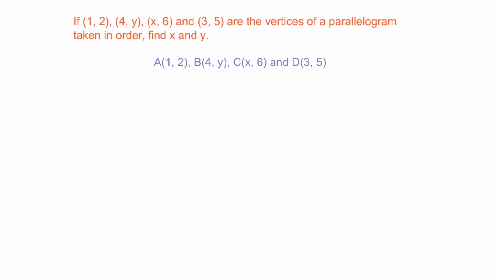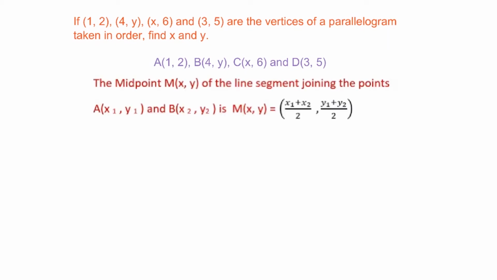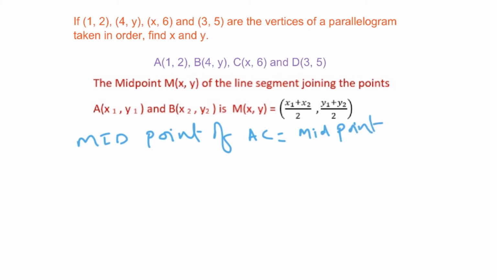So we have to find the midpoint. The formula for the midpoint is (x1 plus x2) by 2 comma (y1 plus y2) by 2. Here the midpoint of AC is equal to the midpoint of diagonal BD.